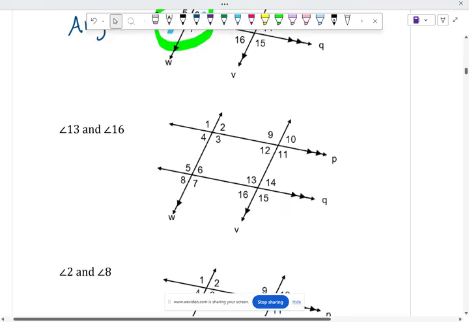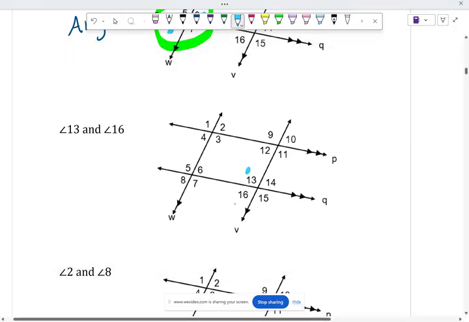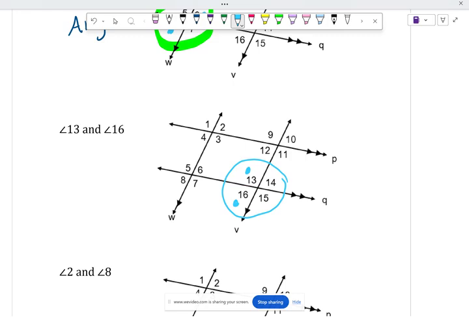The next angle pair relationship we have to identify is angle 13 and angle 16. They are in the same little cluster of 4. That means they're either vertical angles or linear pair. Angle 13 and angle 16 are side by side. They make a straight line when you put their two sides together. So these are called a linear pair.